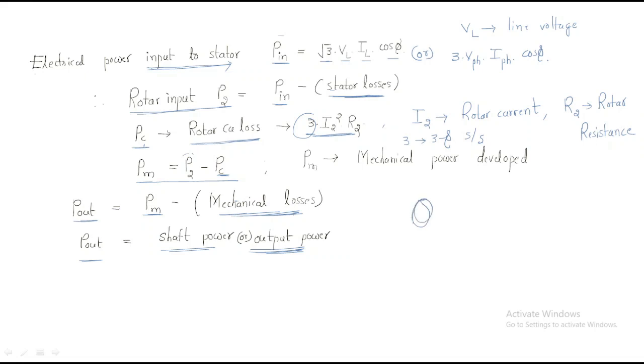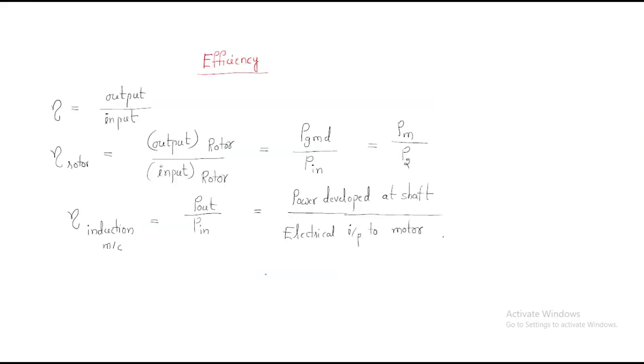First we give power to the stator, and the rotor inside is connected to something else, so this is the final power. This is the power shifting from the input of the stator to the output of the mechanical power developed.